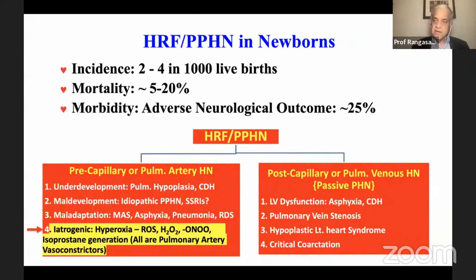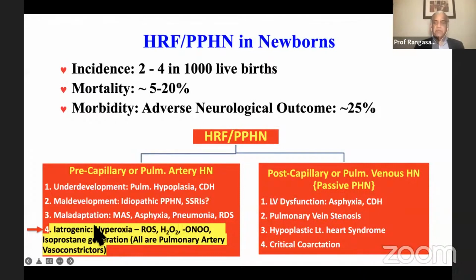Previous studies have shown that there is an association between mothers taking SSRIs during pregnancy and pre-capillary pulmonary hypertension, but recent data suggest that it may not be a major factor. The fourth thing, which is very important, Dr. Satyan covered a lot about avoiding hyperoxia.